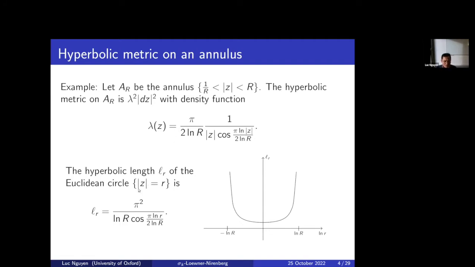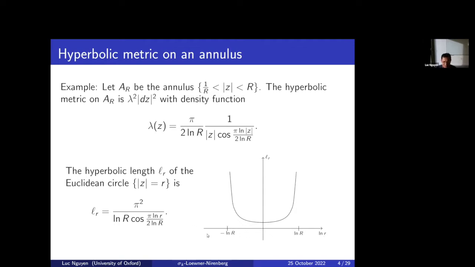Now, if we look at the Euclidean circle modulus z equal to r, and we look at the length of this circle with respect to this hyperbolic metric, which we call L_r, then you can calculate this to be pi squared over log R times cosine of the previous ratio, pi log r over 2 log R. So here is a plot of it.